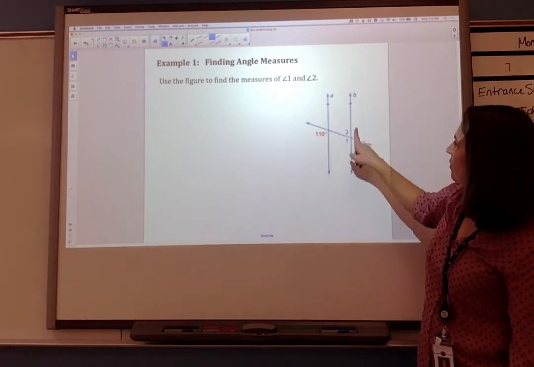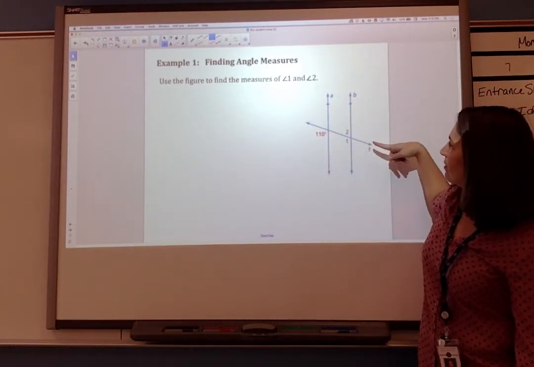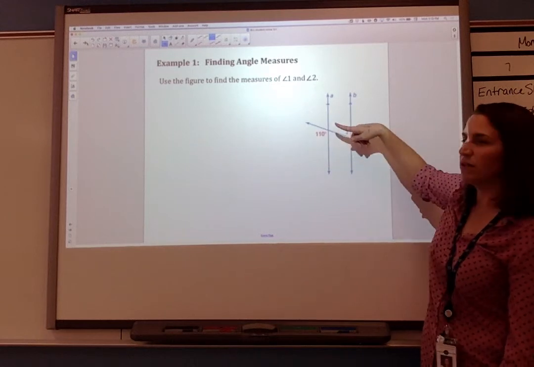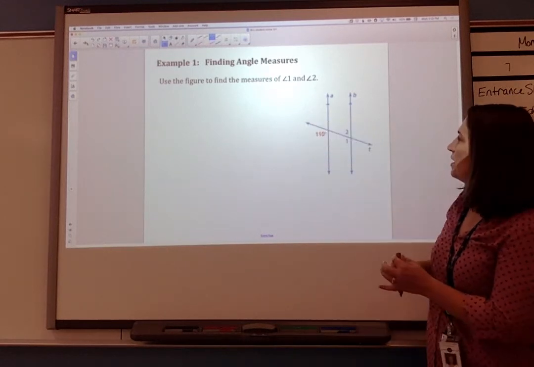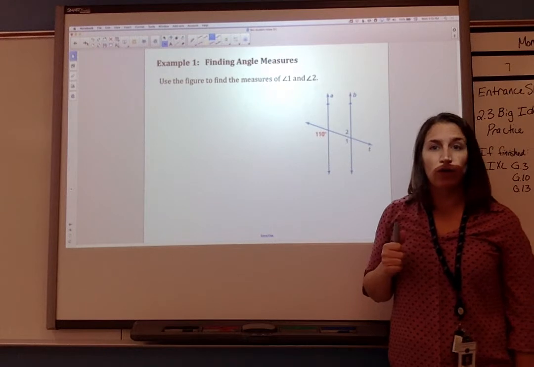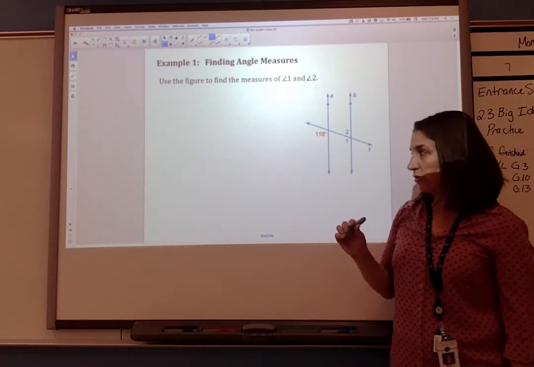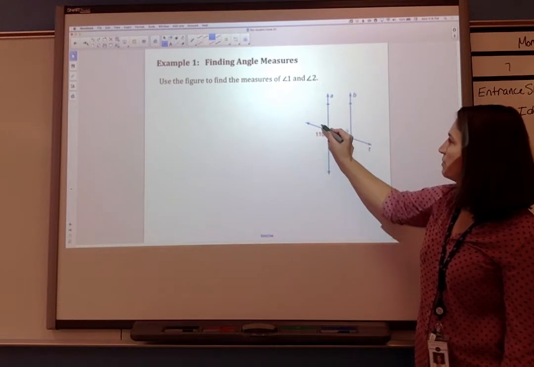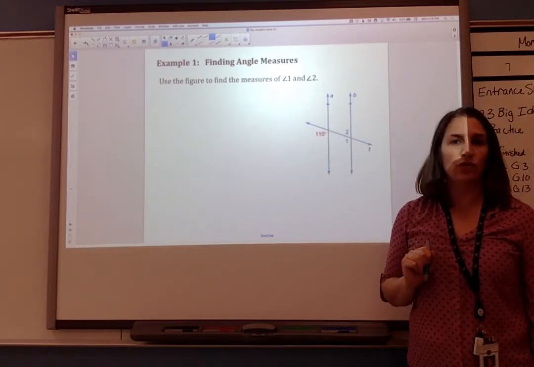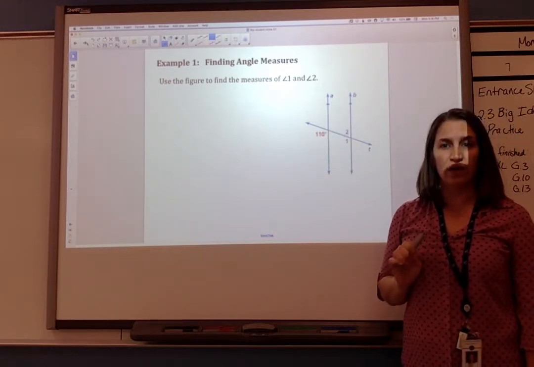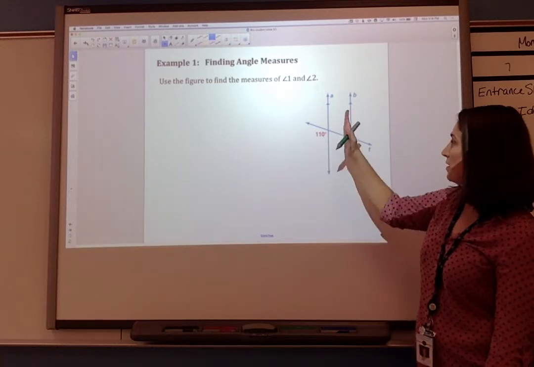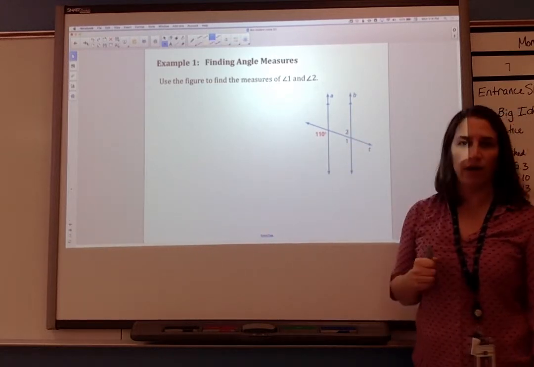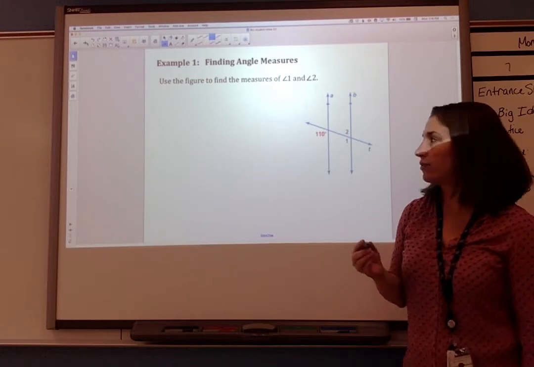And so because we know that these lines are parallel, this transversal, line T that's coming through, is going to create some congruent corresponding angles. So angle 1 is a corresponding angle to the 110-degree angle, and it's congruent because the lines are parallel, so therefore angle 1 is 110 degrees.